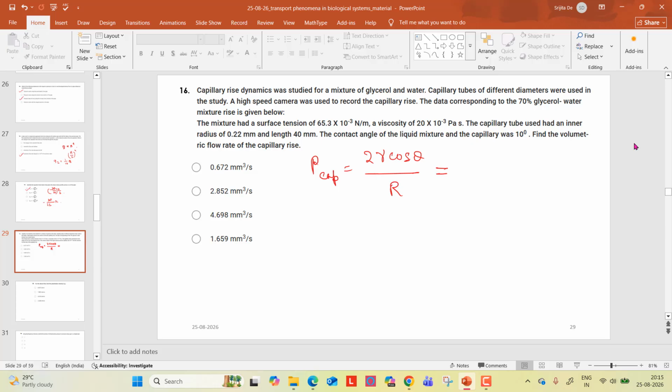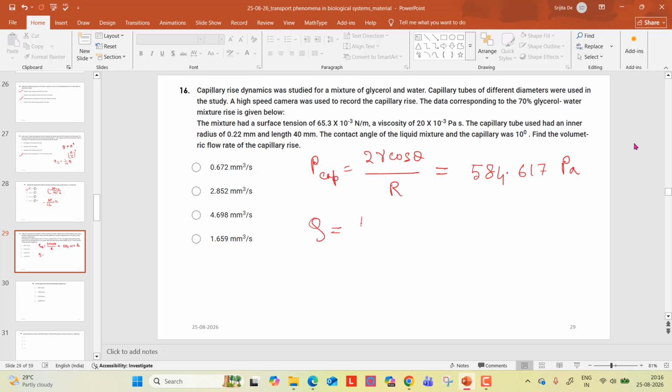Cos theta is cos 10 divided by R is 0.22. So it's coming as 584.617 Pascal. Okay.